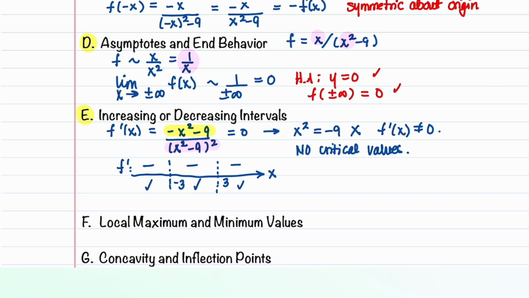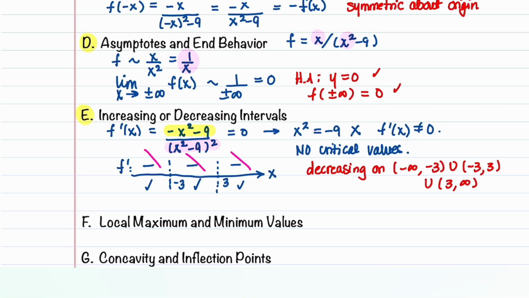So our function is decreasing in all three of these regions. Let's write that down. It is decreasing on minus infinity to minus 3, union minus 3 to 3, union 3 to infinity. And let's just write down that it is never increasing.